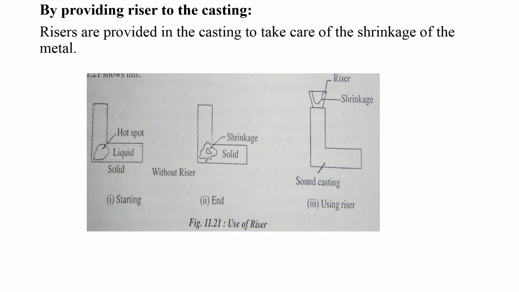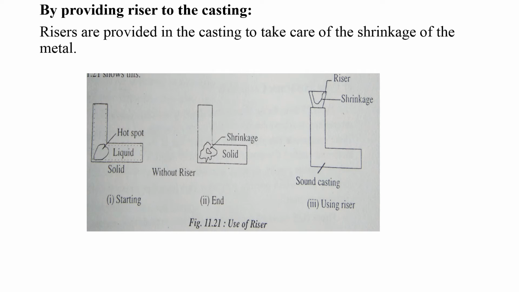You can see this figure for a clear understanding of the use of a riser. Here is the hot spot; this is liquid, this is solid. Without a riser you can see the shrinkage defect. Clear this point. Next is a sound casting with no defect at all. With the riser, the shrinkage is supplied from here. This is a good casting or good component.